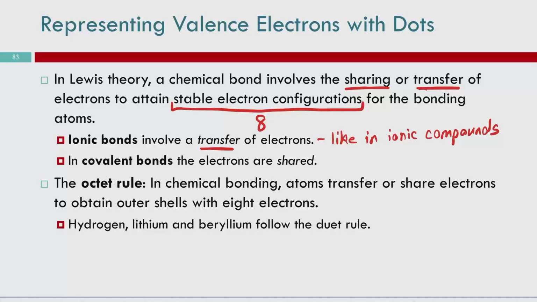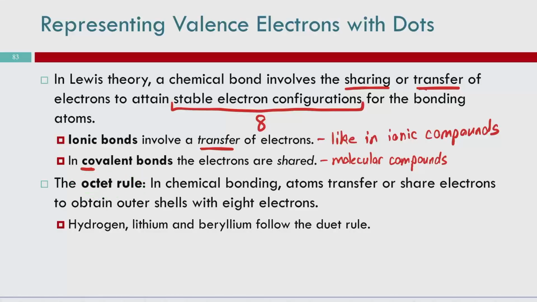And in covalent bonds, like sharing, like cooperative, covalent counts for both valences, the electrons are shared. So like in molecular compounds. And that's the new and fun and exciting part of Lewis theory, is that we can do covalent bonds.